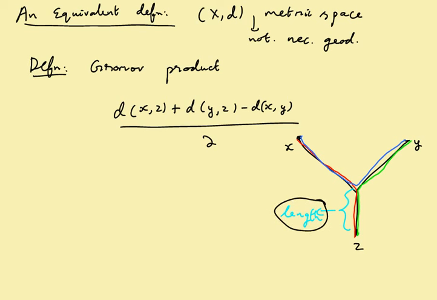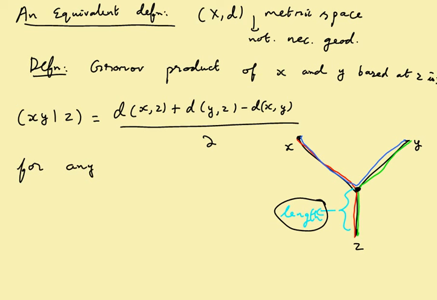It's the length of the side between z and the nearest point projection on the geodesic from x to y. And this I'll call the Gromov product. So the Gromov product of x and y based at z is this. You can write down this formula, and this makes sense for any metric space. So what we have done is really just made a definition.